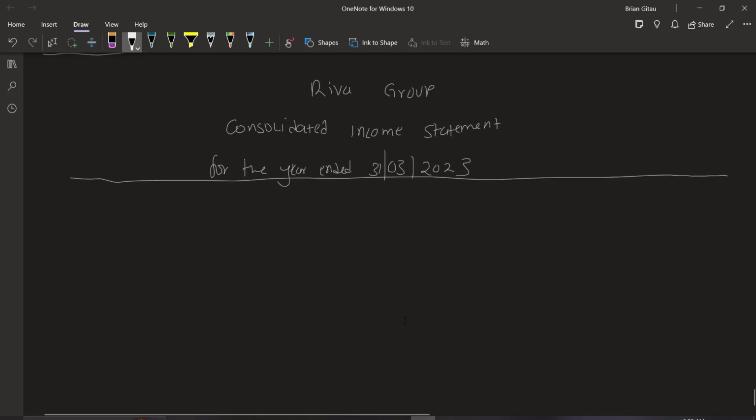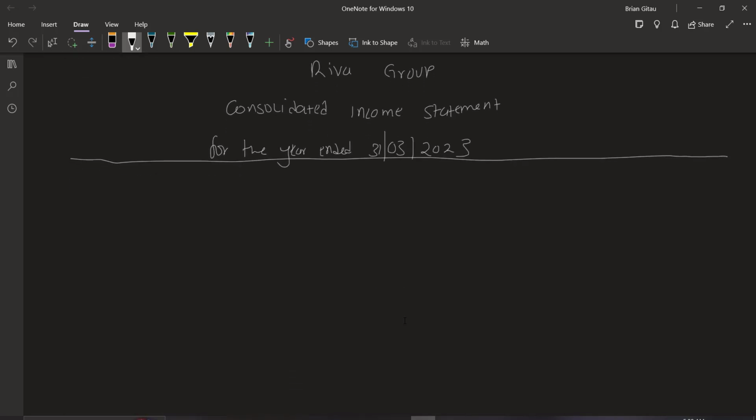So we know the format. We start with the revenue, and in this case we have shillings in millions.